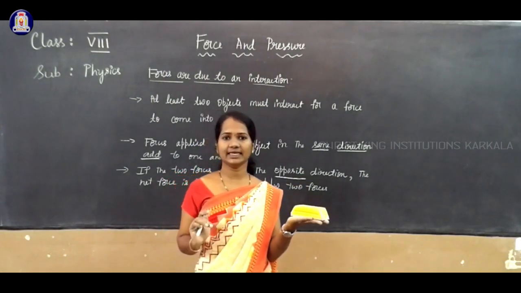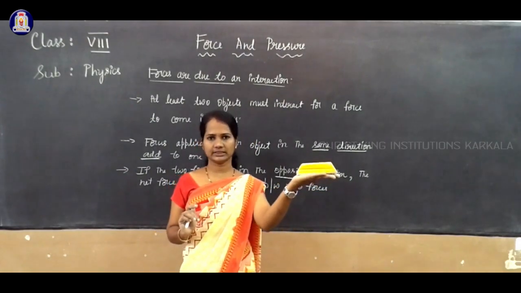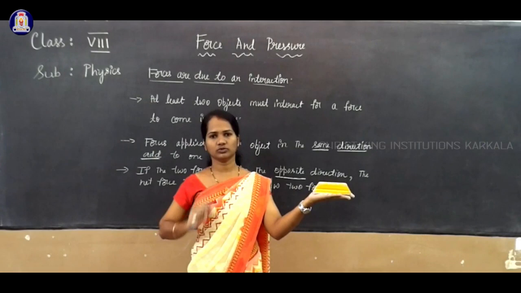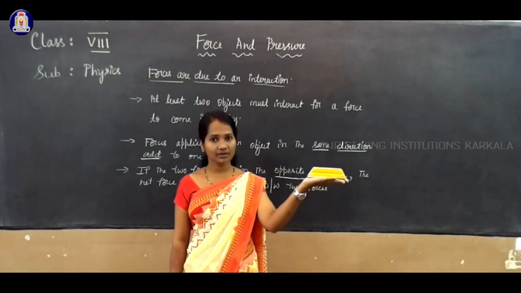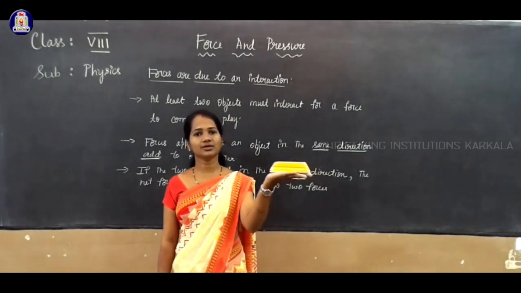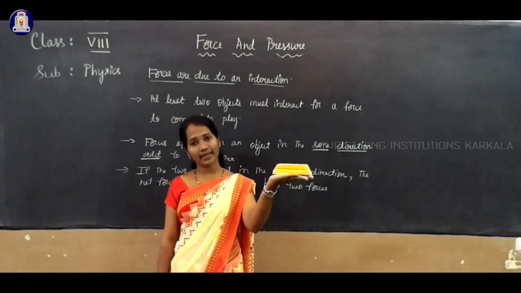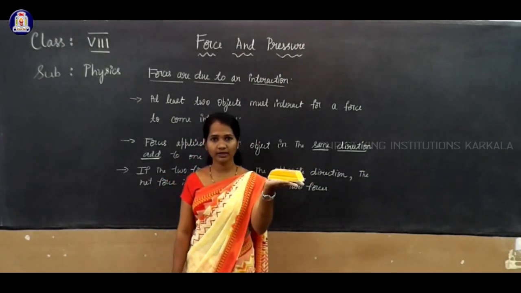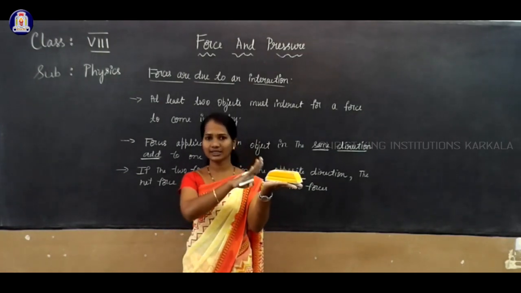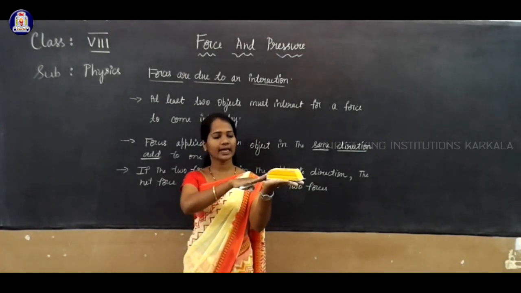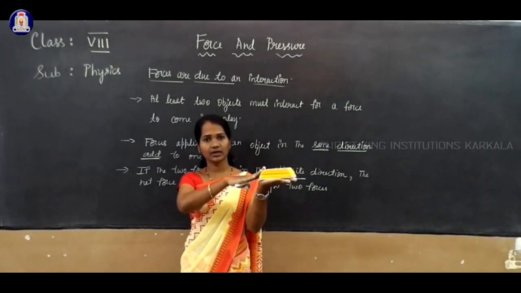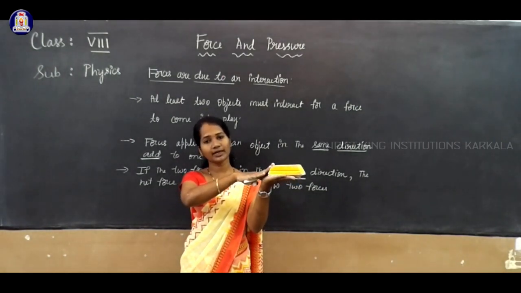Suppose I hold this duster and I say, duster, start moving. If I say it like this, will the duster move? The duster cannot move. So what do I have to do? I have to apply force. How do I apply the force? I have to touch the duster as well as push it.